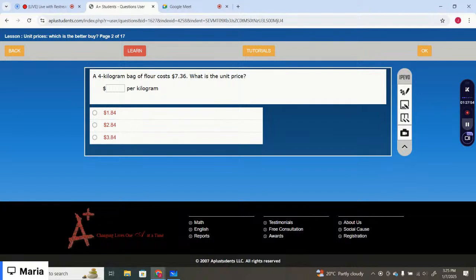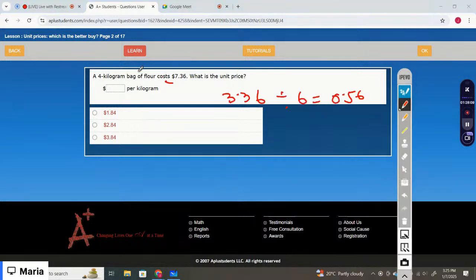A 4 kilogram bag of flour costs $7.36. What is the unit price? Basically, you need to calculate the price of 1 kilogram, right? The $7.36 is the price of 4 kilograms. When you divide it by 4, you will get the price of 1 kilogram.